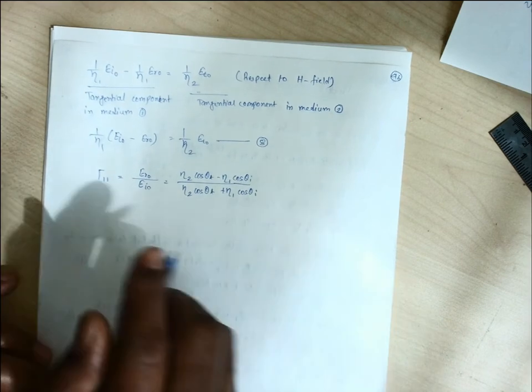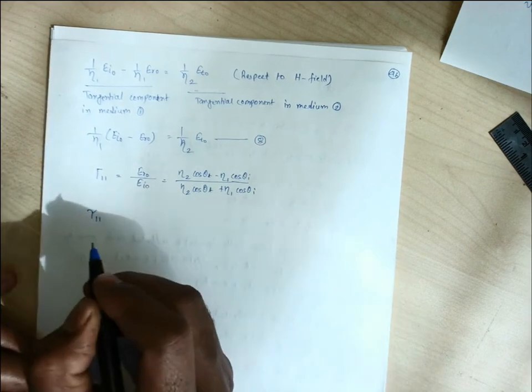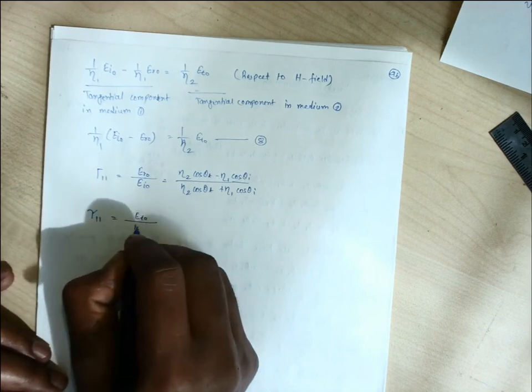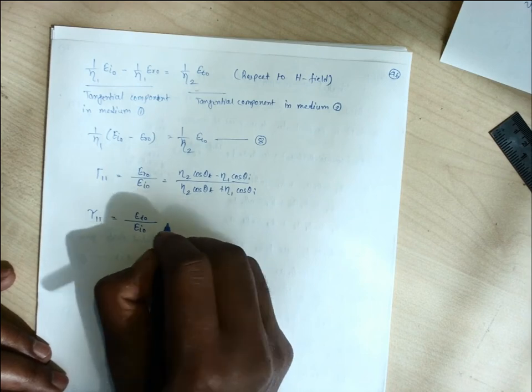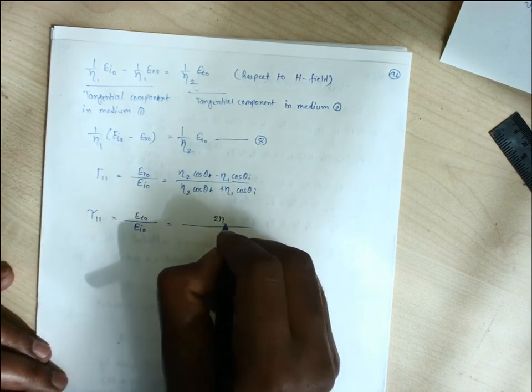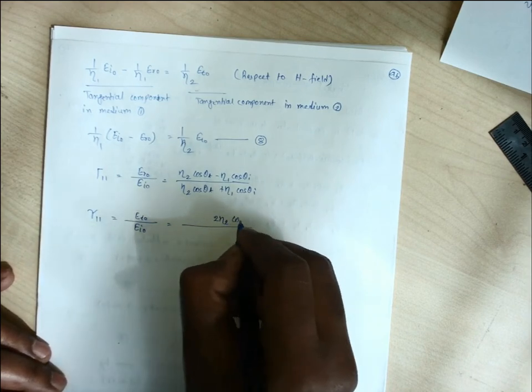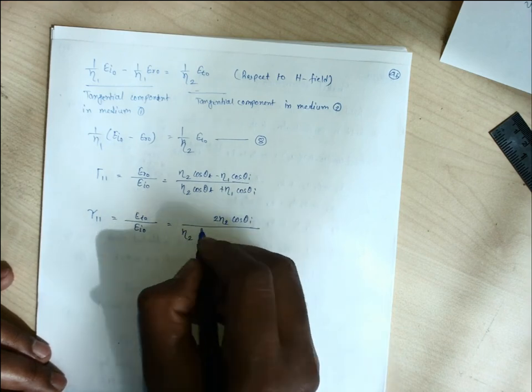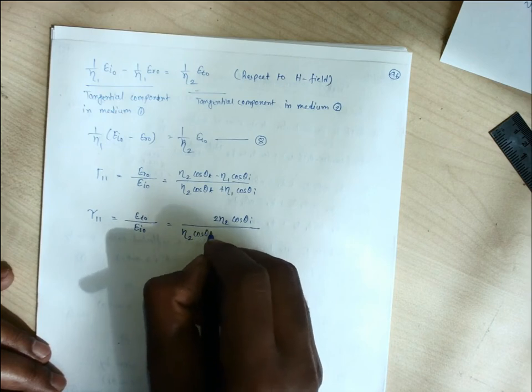And another one is the transmission coefficient for parallel polarization. It is Et0 by Ei0, with cos theta I and cos theta t.